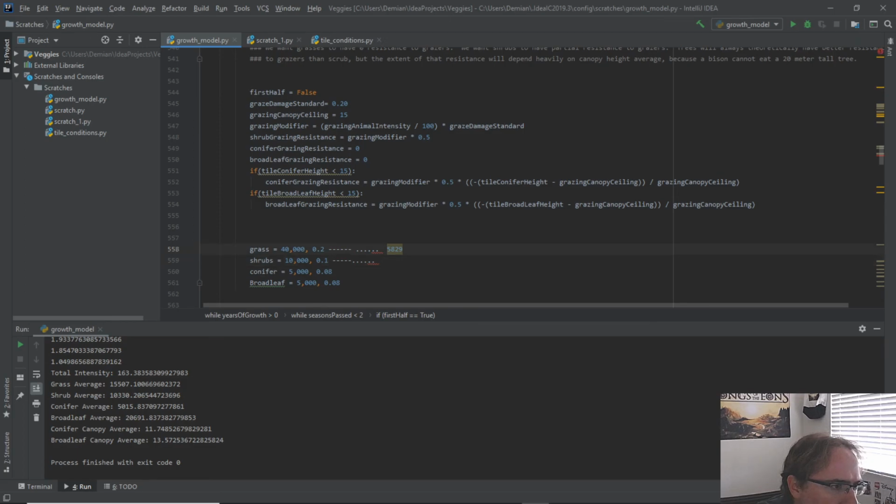Oh, there is, okay, so if we have 80% grazing saturation or whatever, we need to include it here.